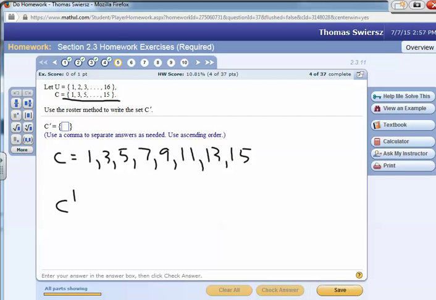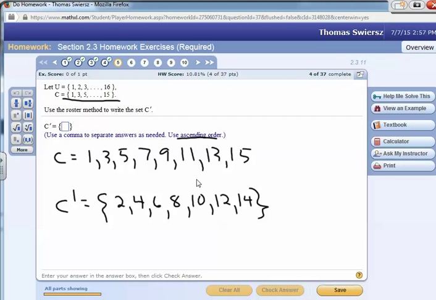So for C complement, take away the odd numbers from the universal, 1, 3, 5, 7, 9, 11, 13, 15, and we're left with the even numbers, which would be 2, 4, 6, 8, 10, 12, 14, writing them in ascending order, which is the correct way here, going from lowest to highest. So we can go ahead and put all those in for C complement.